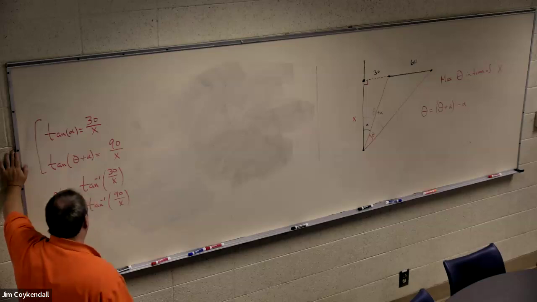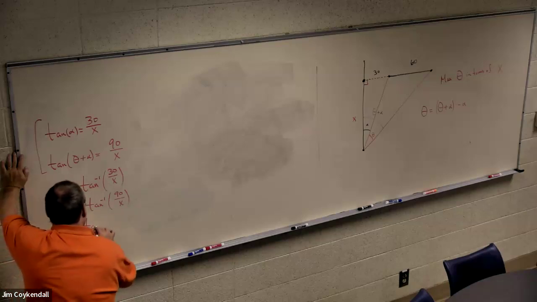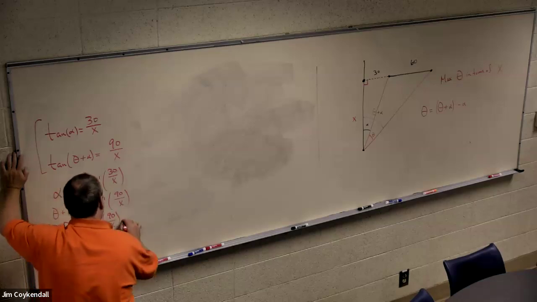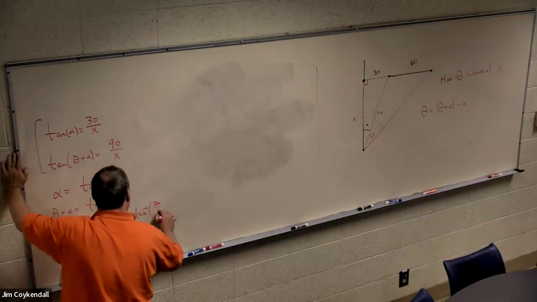So here is the formula that I have. This minus this, so I get theta equals inverse tangent of 90 over x minus inverse tangent of 30 over x.